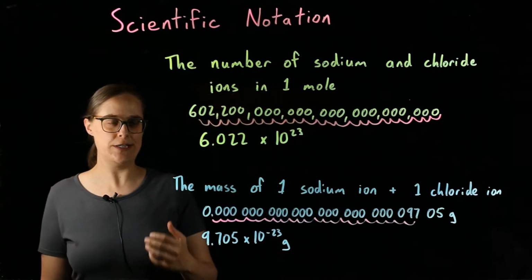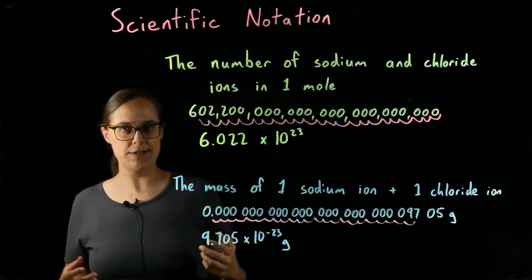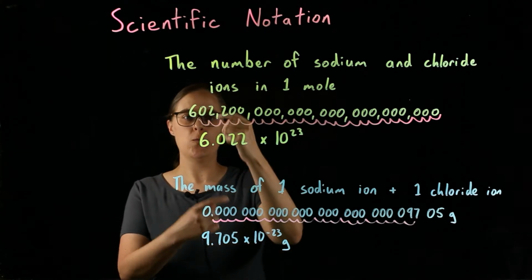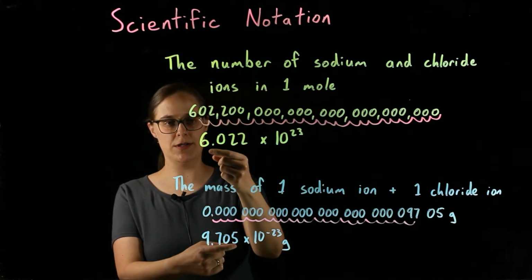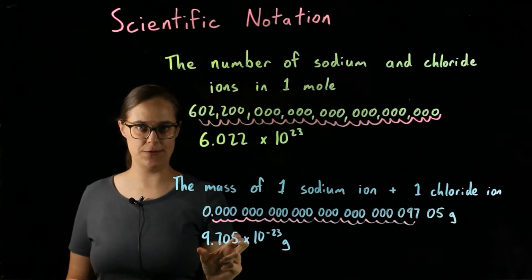So scientific notation is useful for a few different reasons. First off, I mentioned that the human brain is good at understanding numbers from about 1 through 20. We put the understandable part of the number at the beginning, 6.022 versus 9.705.